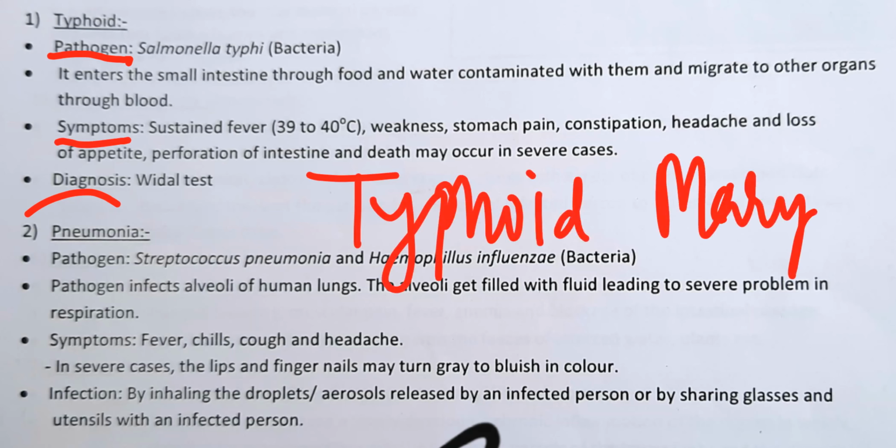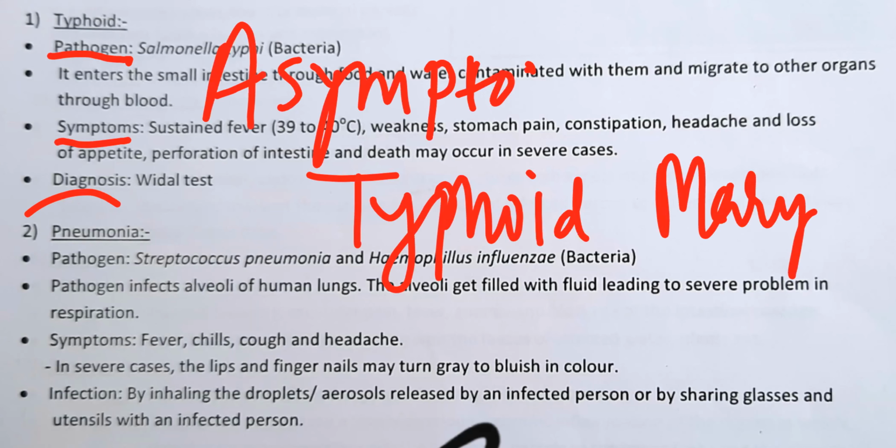Actually, the name of this person was Mary Mallon. She was an Irish girl who migrated to the US at a young age, as a teenager. She was actually an asymptomatic patient of typhoid.